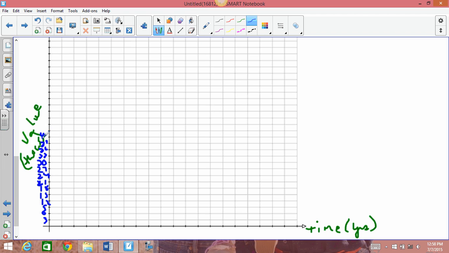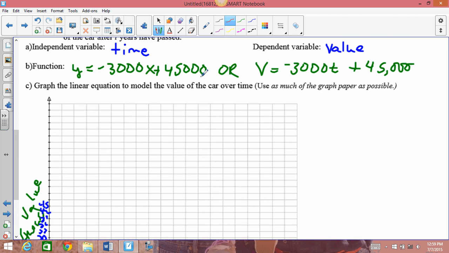I know my handwriting's not that great with this pen, but what I'm trying to show is that in order to graph this, whenever you're graphing a linear function, always start on the y-axis at the y-intercept. So I need to plot (0, 45,000). So I'm going to plot here at 45. From that point, this is my slope, negative 3,000.